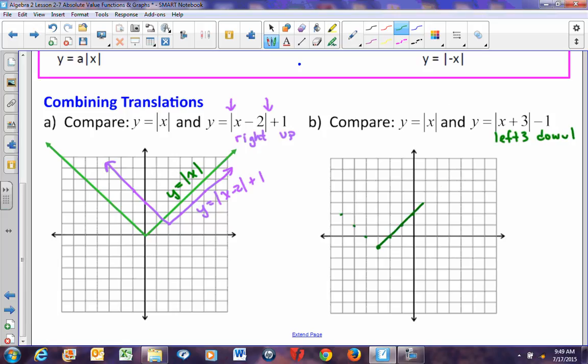And here's my graph. That's the graph of y equals the absolute value of x plus 3 minus 1. You don't have to draw the parent function every time. If you can do it without drawing the parent function, that's great. If you can't, make sure you label the parent function and then label the transformation as well.